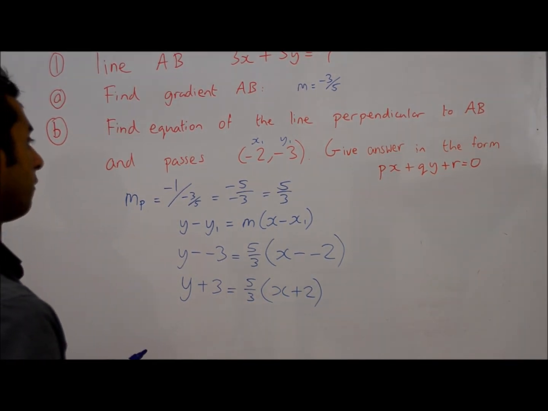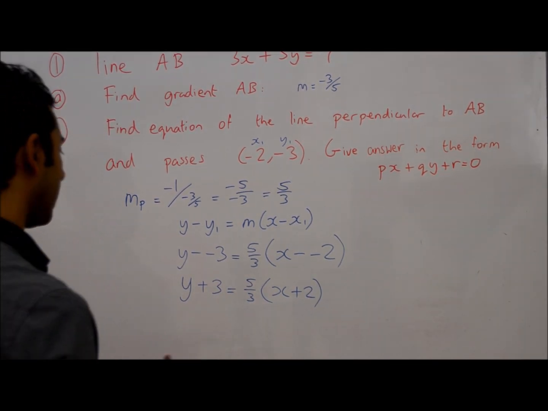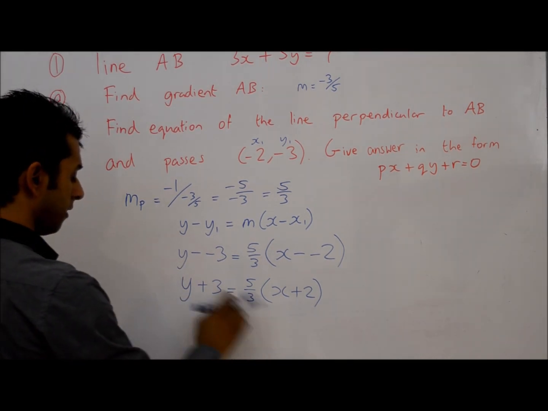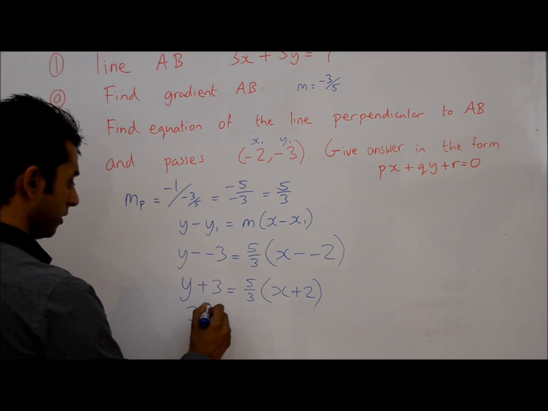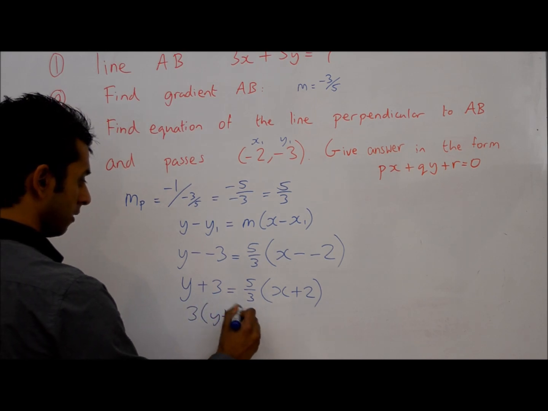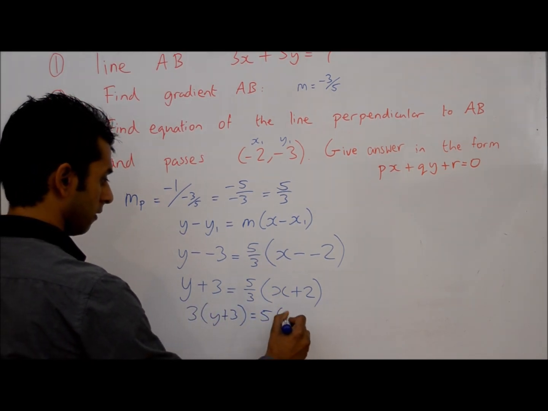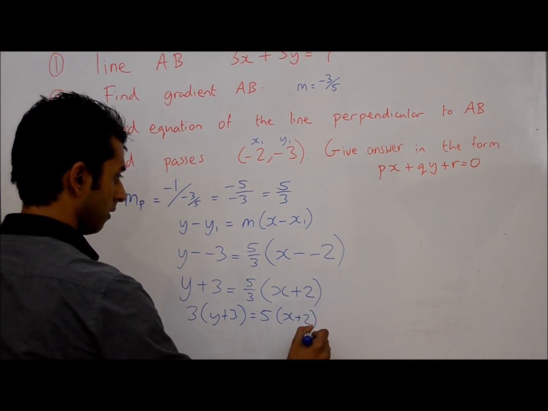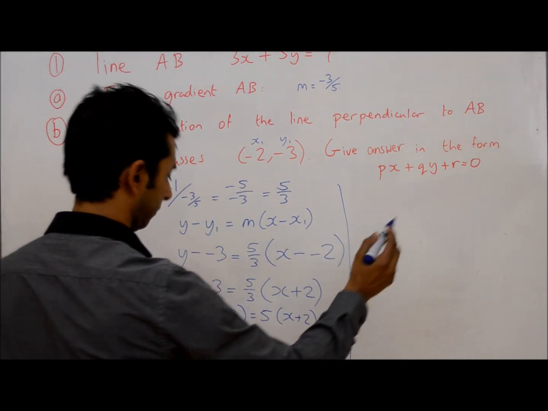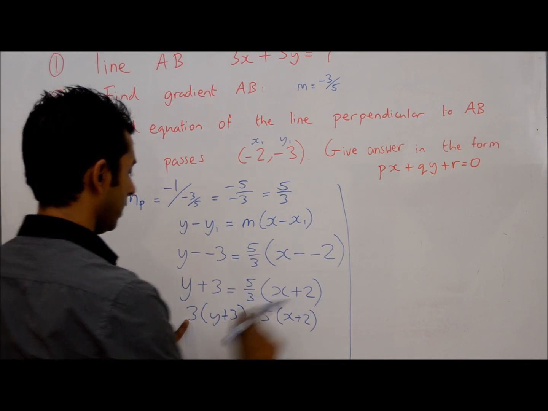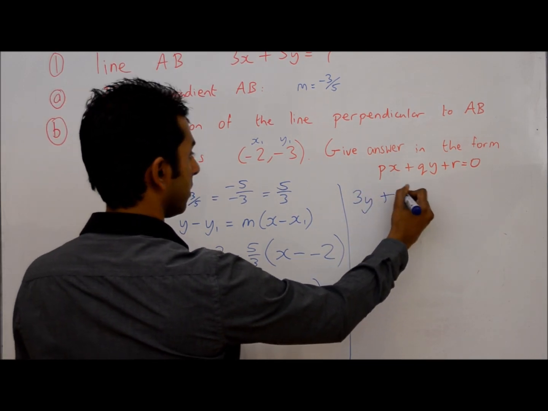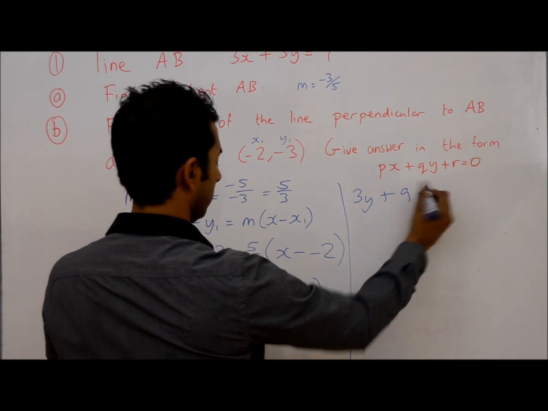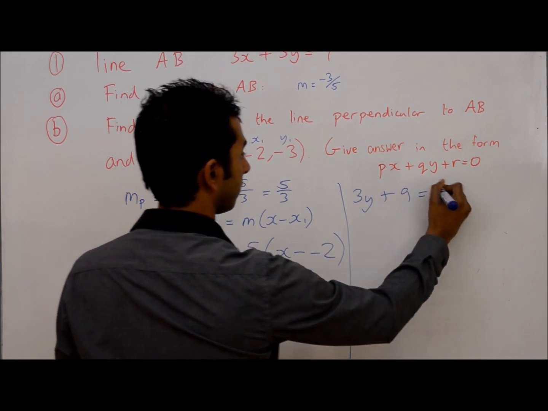We need to give the answer in the form of that. So first of all, let's get rid of the fraction. Let's multiply through by 3. So if we multiply this side by 3, let me do this in 2 steps. Let's continue over here. So 3 times y is 3y. 3 times 3 is plus 9 equals 5x plus 10.